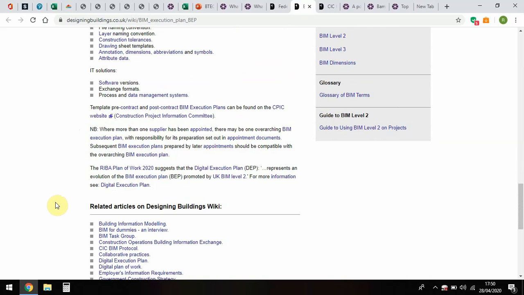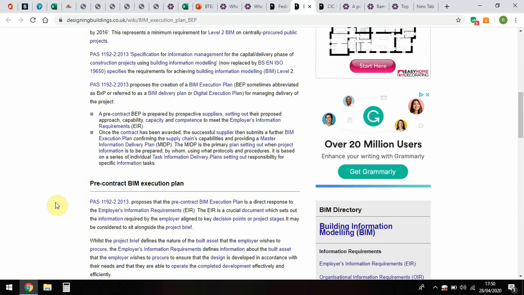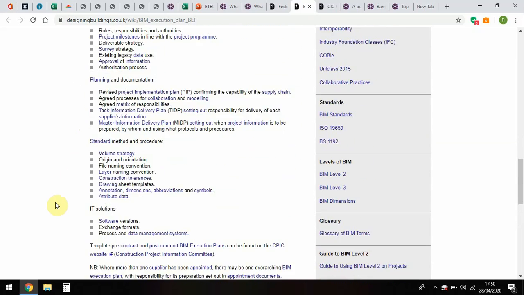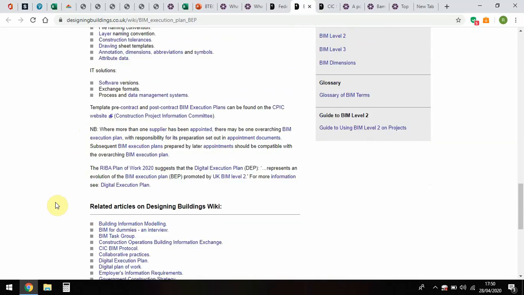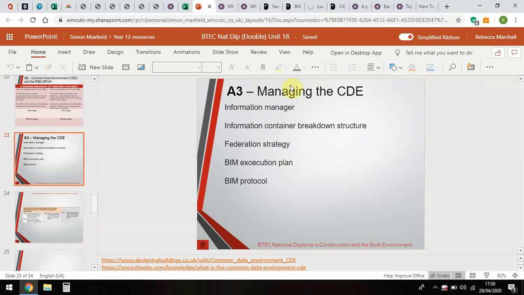Okay, so if you're working towards having BIM as part of your process, the BIM execution plan could help. What it says down here is the RIBA plan of work suggests that the digital execution plan is an evolution of the BIM execution plan. So actually I'll just pop that on there, I missed that before, but you've also got a digital execution plan that you could have a look at. Okay, let's add that onto the slide while we're here.